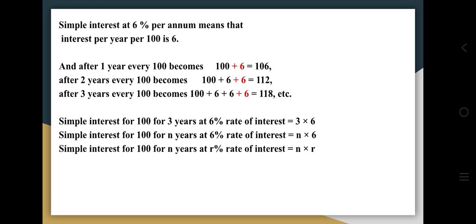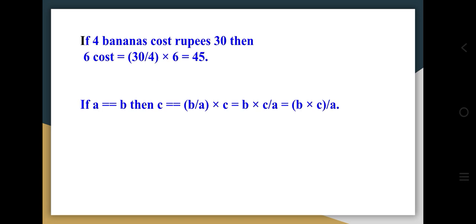So n into r. So this is the basic of simple interest we have to understand. So after n years, at the rate of r percentage, the amount 100 becomes 100 plus nr.